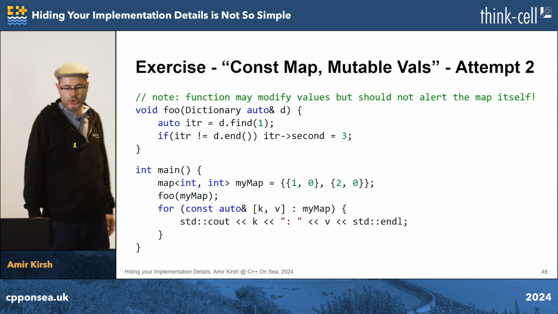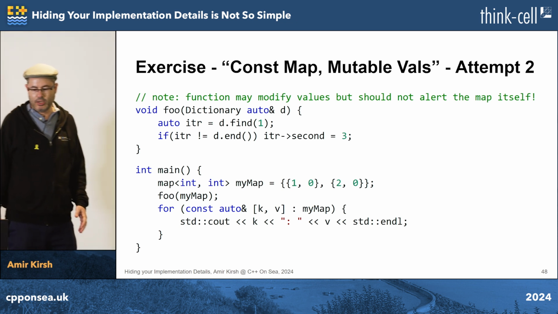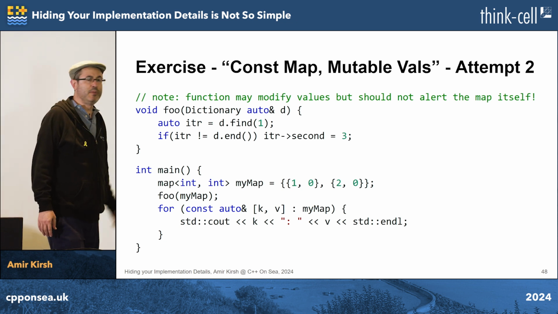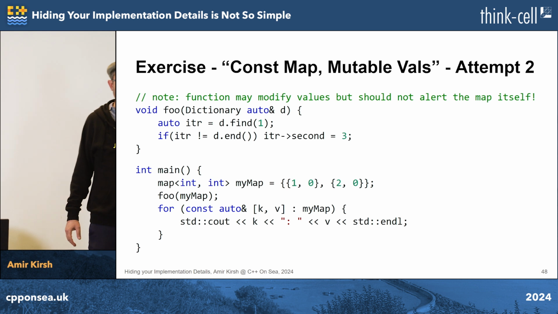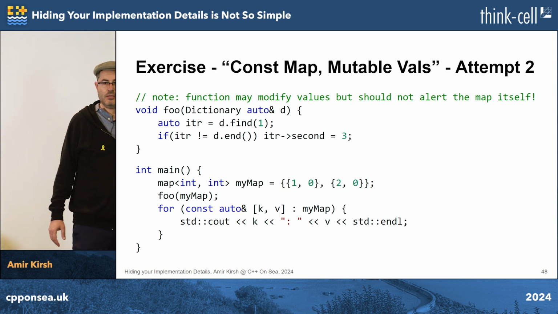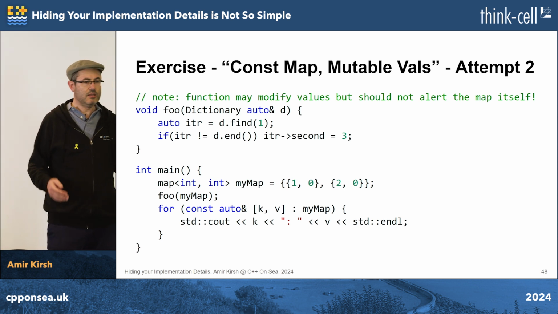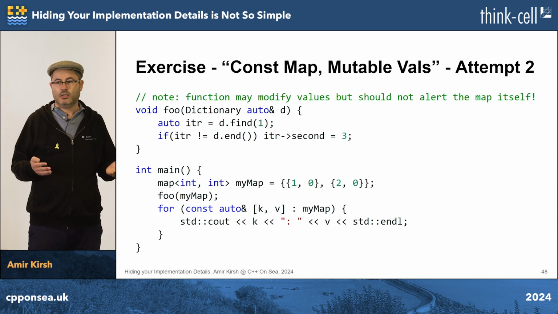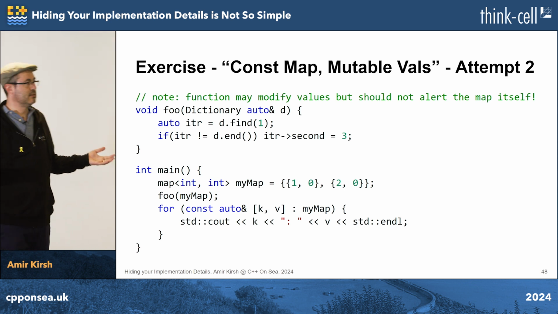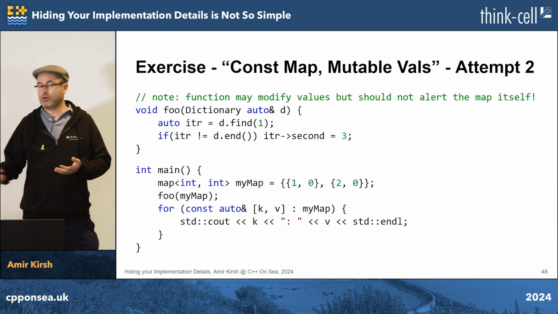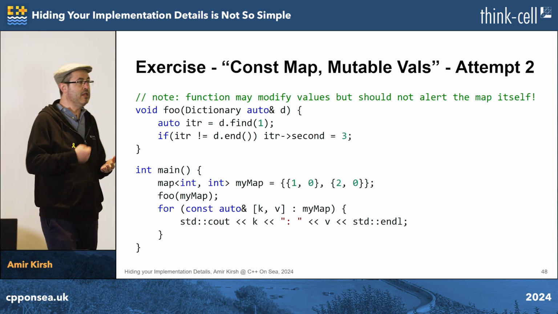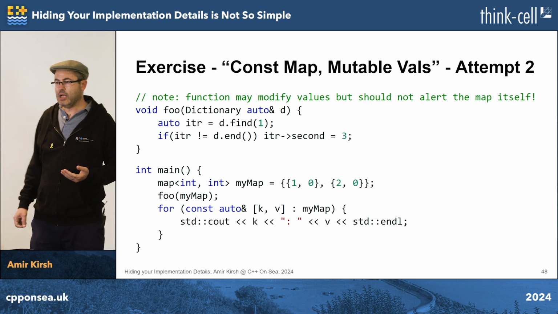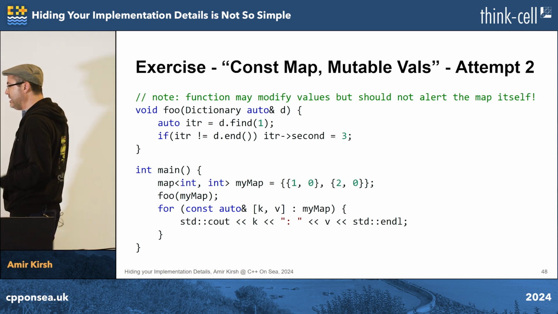But what's the issue with concepts? Have you been at Dave Abrahams' talk this morning? Concepts check that the value that we provide adheres to the concept requirements. It doesn't check that the consumer, the user, is using only the things that are required by the concept. You can do anything. So once I get the dictionary, I can actually use anything, and I actually can see what I get.